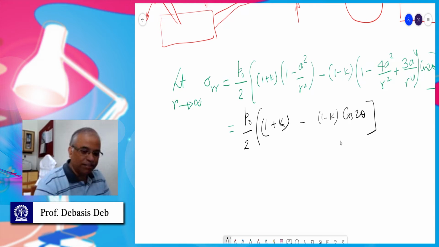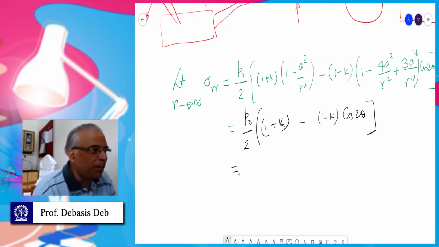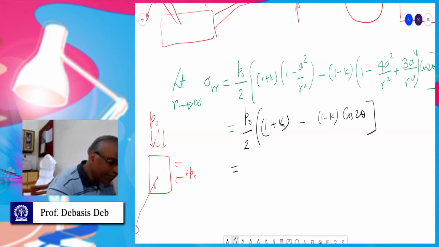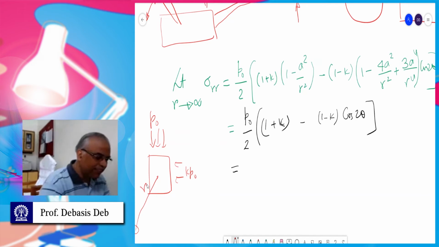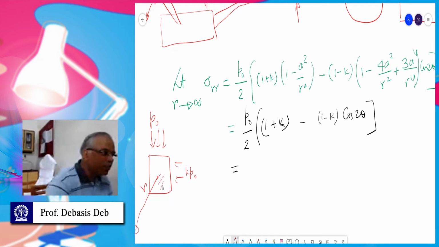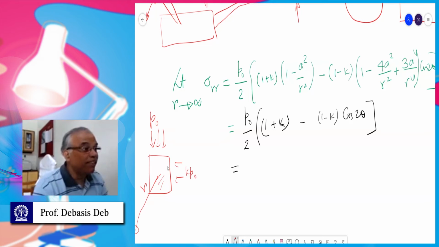Nobody can see it. Okay, let's say my P naught is sigma yy. Let me draw it here, then maybe you will be able to. Let's say this is my P naught and this was K P naught. Now mind that my tunnel may be far away, and this is a very small element here. This is my tunnel and it is very far away.